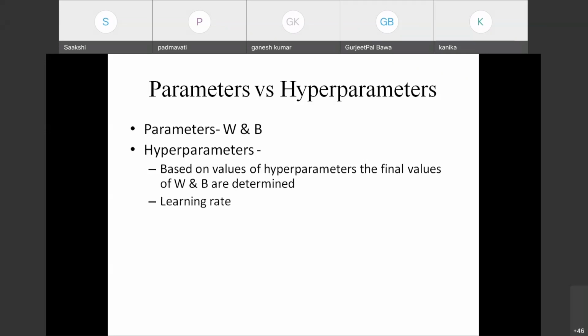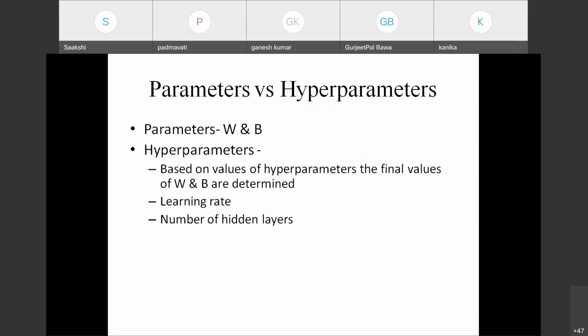One of the hyperparameters is the learning rate, which we represent as alpha. The symbol alpha represents the learning rate. The next one is the number of hidden layers. This is also one of the important hyperparameters, and you yourself will do it practically in your practical sessions, and you will check how W and B change if you change the learning rate.